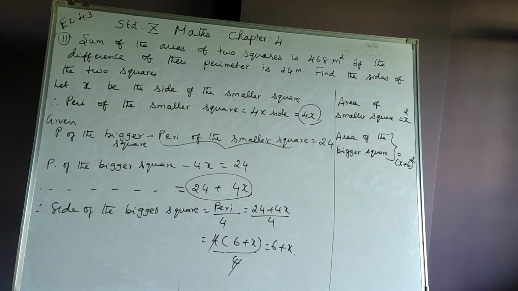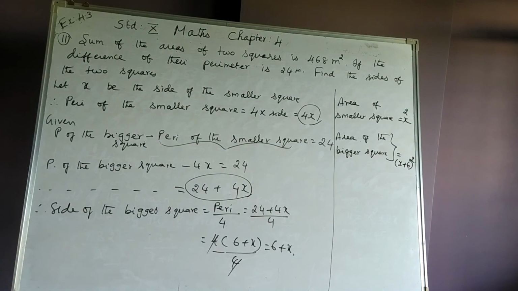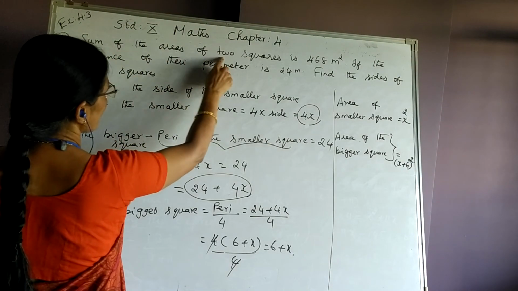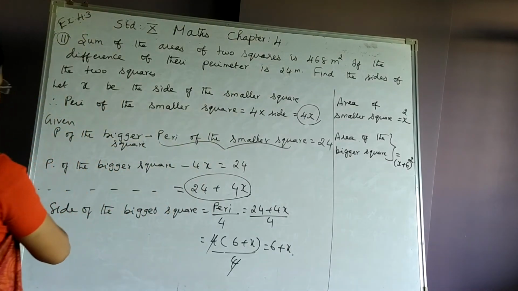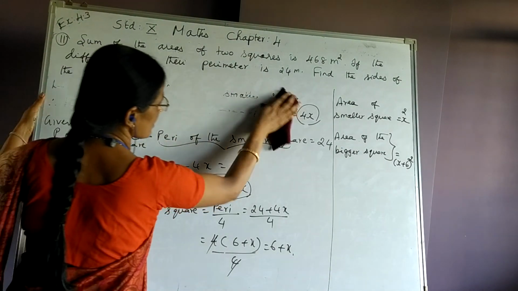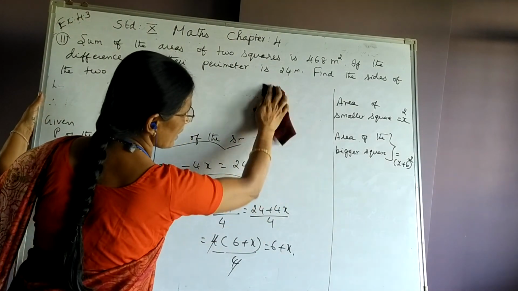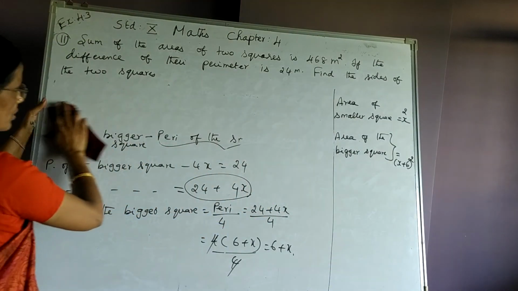So we got the area of both squares. What is given in the question? The sum of the areas is 468. The areas are x square and x plus 6 the whole square.